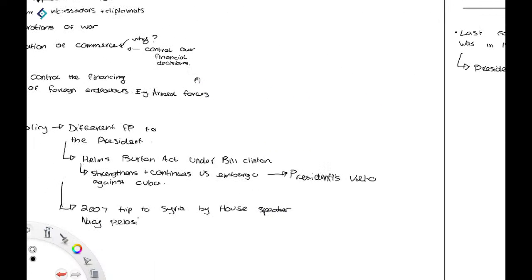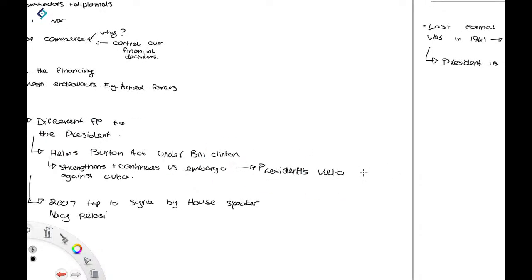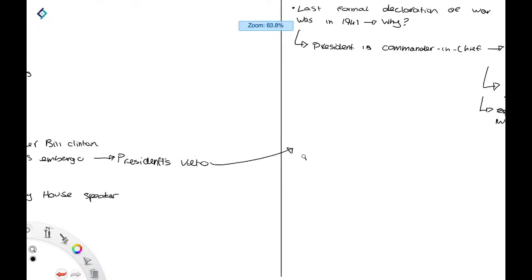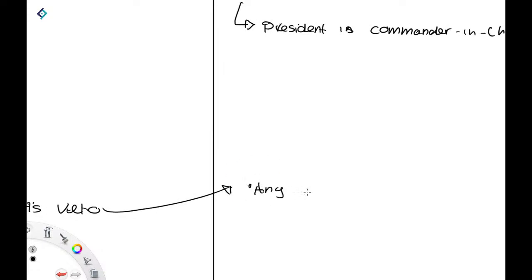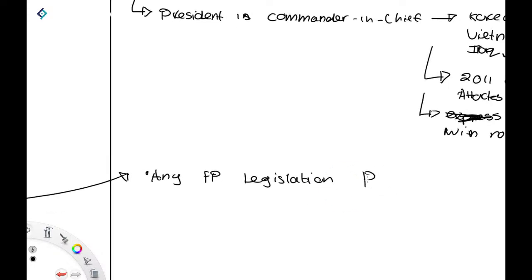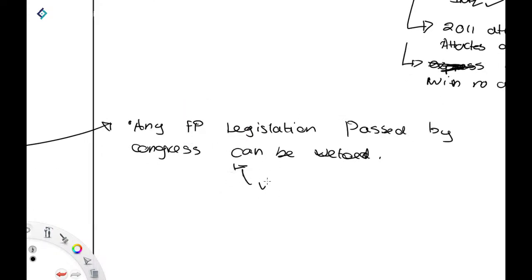Let's talk about another point. We can talk about this alternative foreign policy that we have here. Any foreign policy legislation passed by Congress can be vetoed, and overriding a veto requires a 2/3 majority.